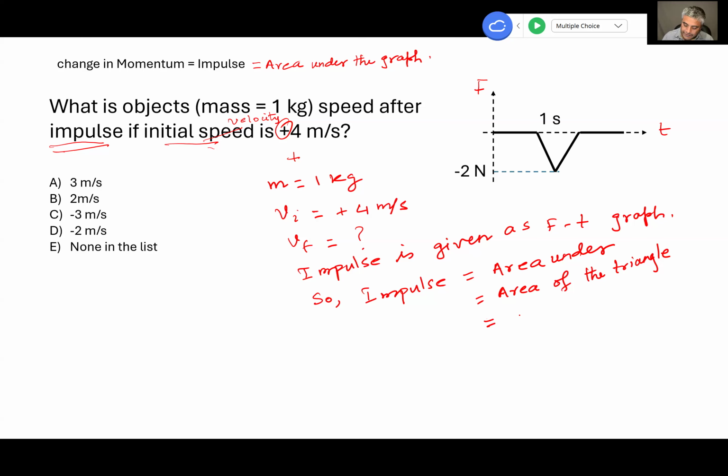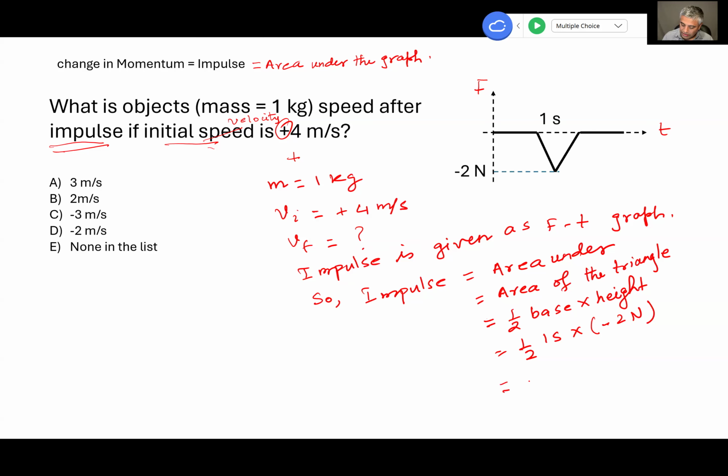And the area of a triangle is half base times height. So in this case, base is 1 second and height is -2 Newton.